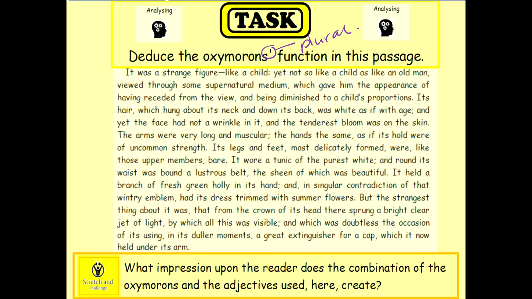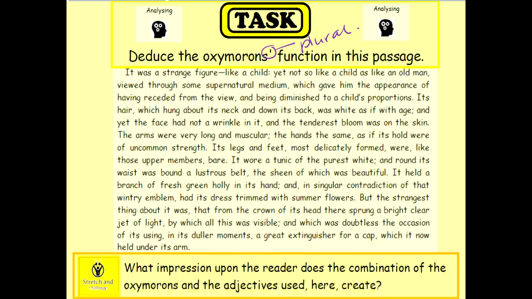It held a branch of fresh green holly in its hand, and, in singular contradiction of that wintry emblem, had its dress trimmed with summer flowers. But the strangest thing about it was that from the crown of its head there sprung a bright, clear jet of light, by which all this was visible, and which was doubtless the occasion of its using in its duller moments a great extinguisher for a cap, which it now held under its arm.